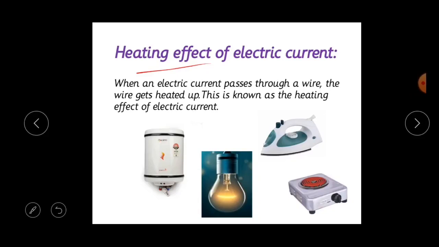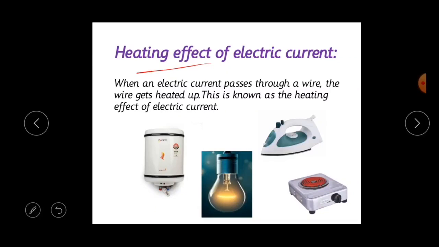Okay, children, have you ever touched a glowing bulb? It feels hot, isn't it? Even the television set feels hot when you touch it after it has been on for a while. Yes or no? Yes. Where does this heat come from?